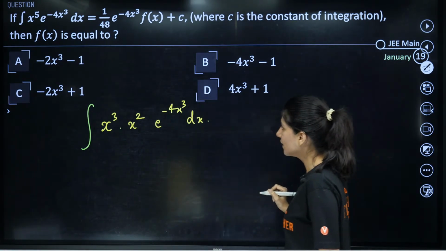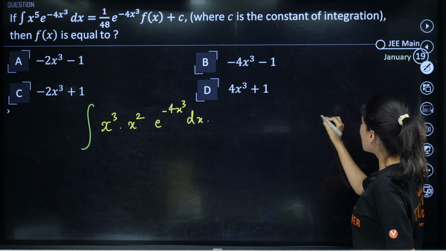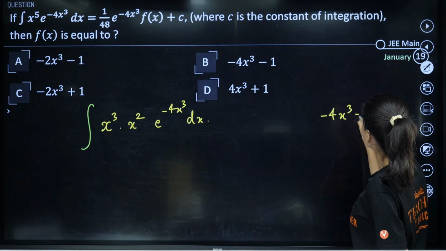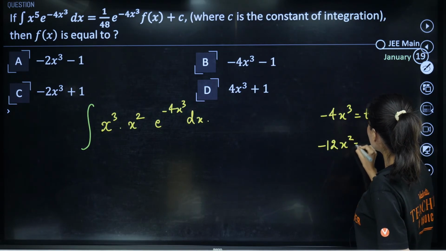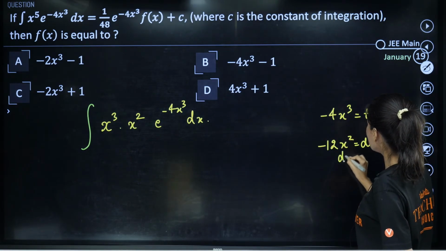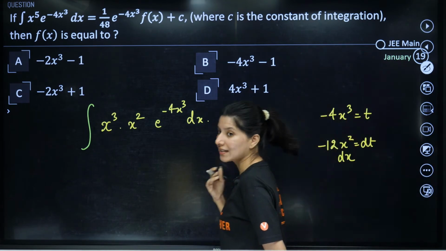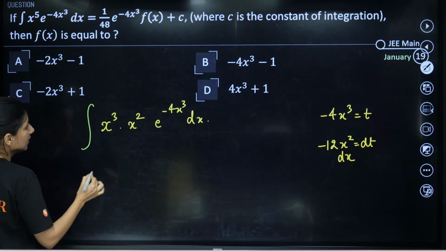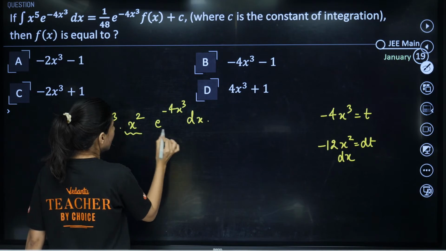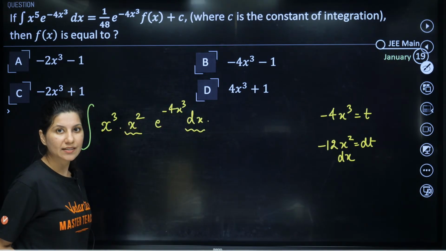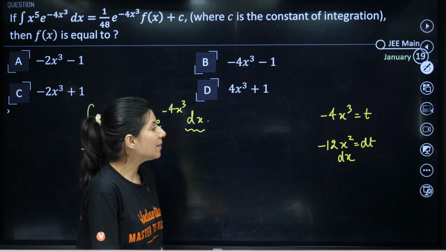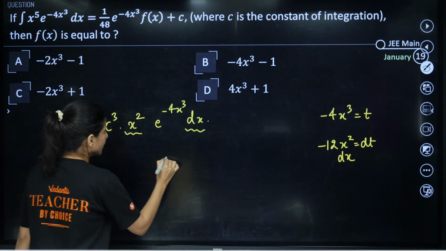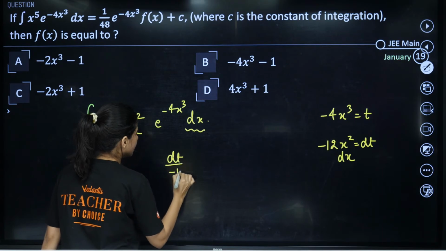Can I do one thing? I can put minus 4x cube equals t, so that minus 12x square dx becomes dt. So x square dx will become dt upon minus 12.